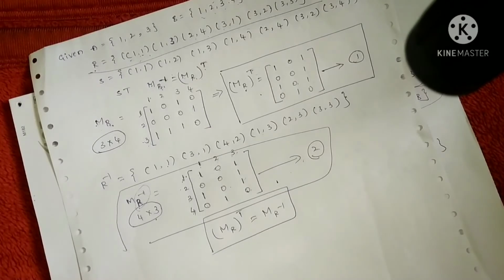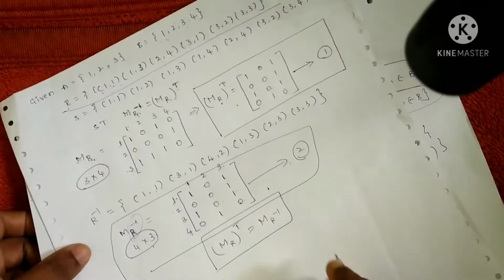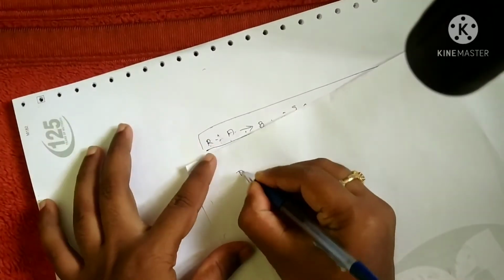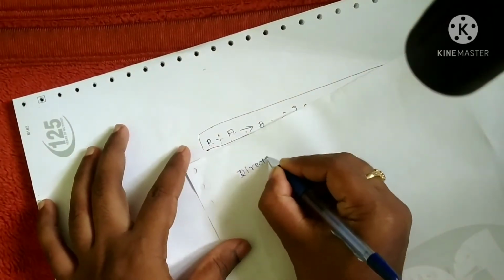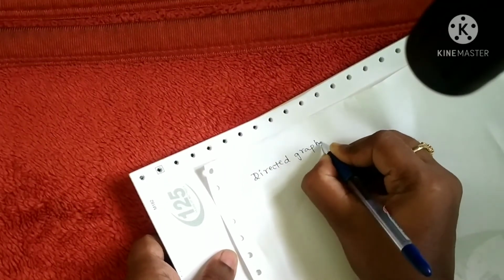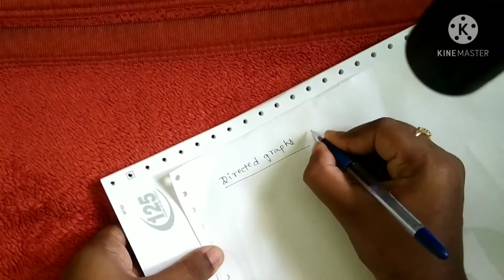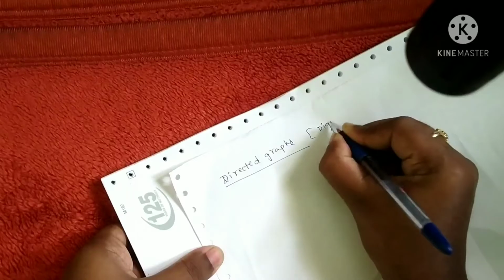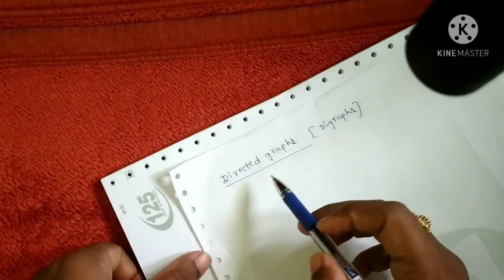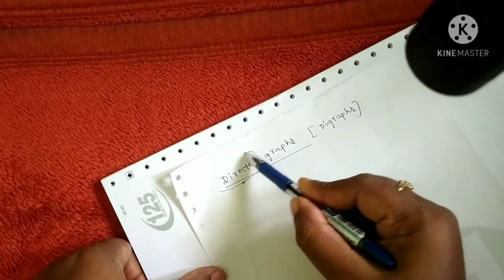Now, the next concept is directed graphs. We may call directed graphs digraphs in general. As the name itself indicates, directed graphs.